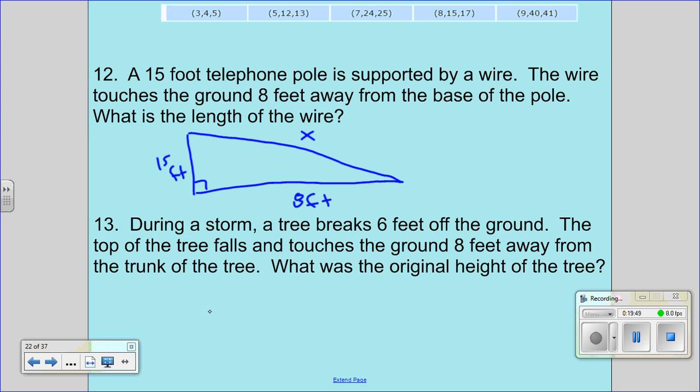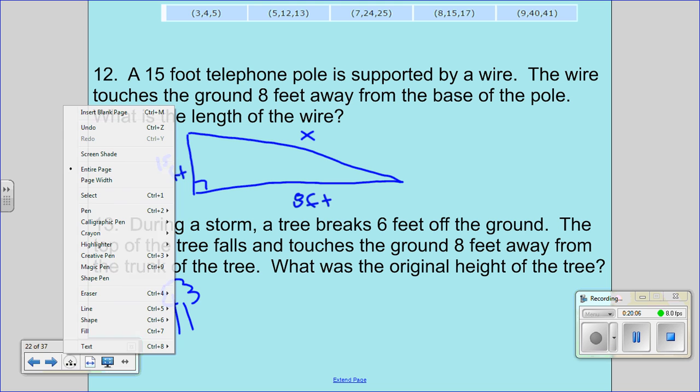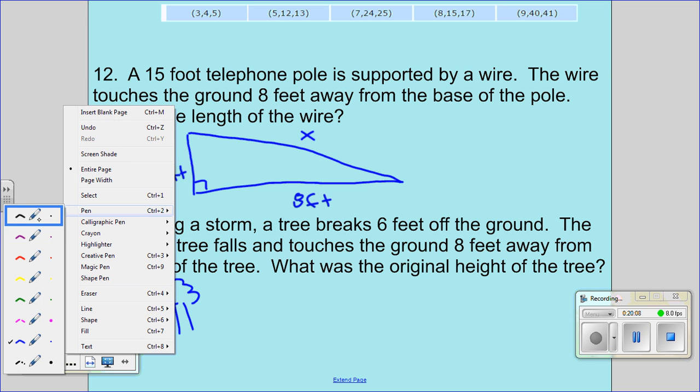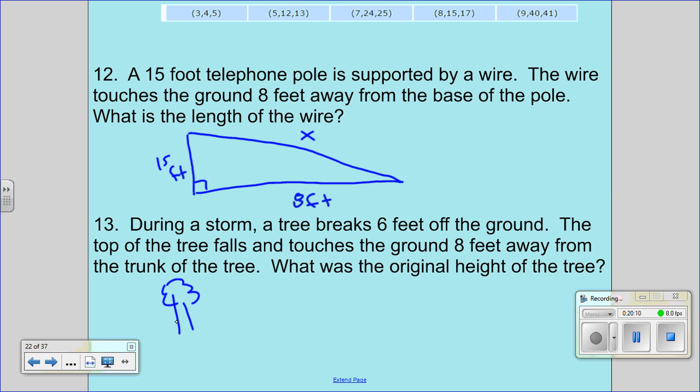Number 13. During a storm, a tree breaks 6 feet off the ground. The top of the tree falls and touches the ground 8 feet from the trunk. So we had a tree that decided to break and fall. So it broke right about here, 6 feet up.